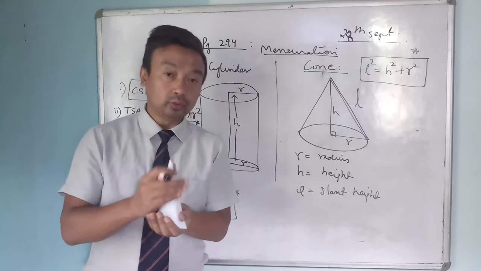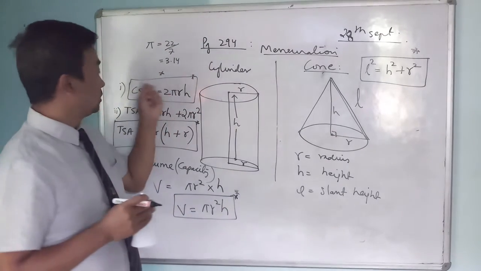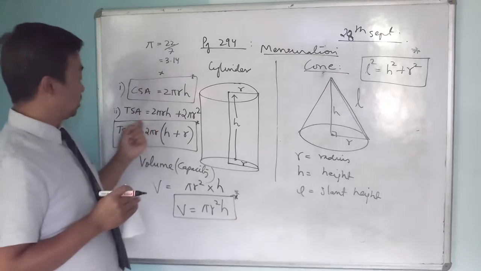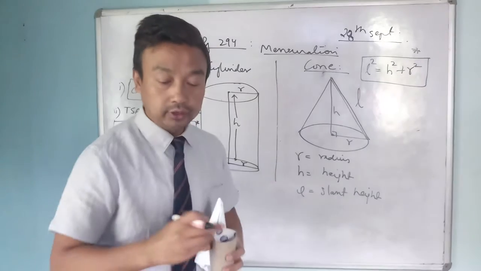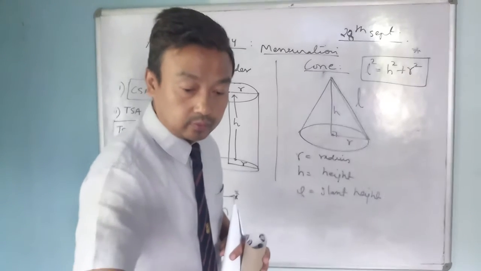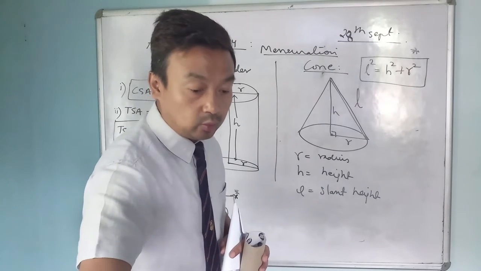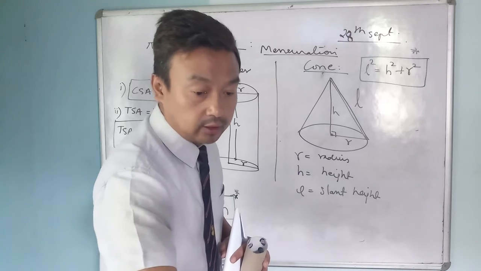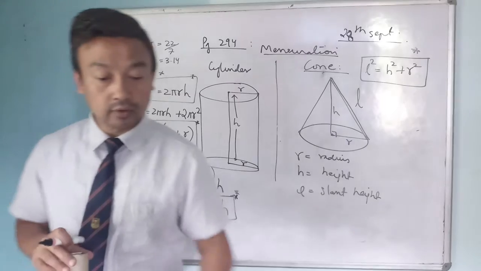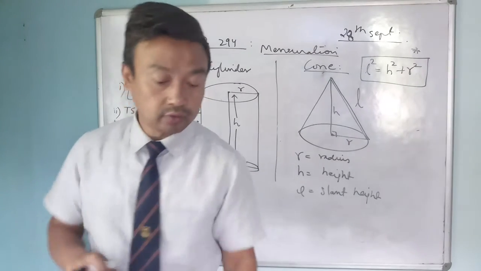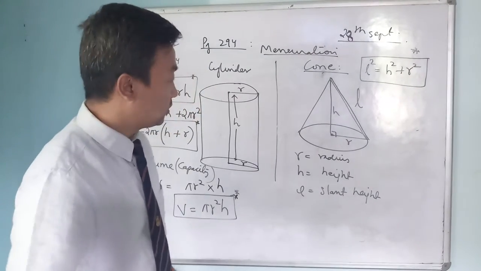In the cone also we have got three formulas: curved surface area, total surface area and the volume. So it is basically the same. So you just have to take 1/3 of the cone. Alright. So let us take what is the curved surface area for cone. The curved surface area for cone is given as pi RL.